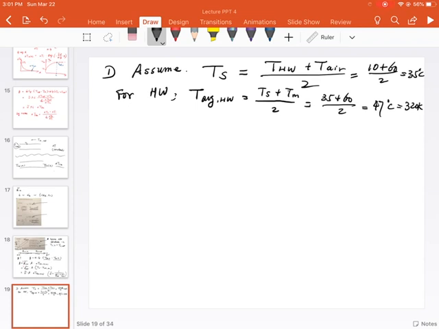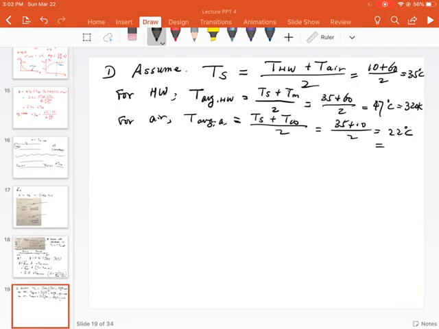And for air, the average temperature of the air is equal to Ts plus T infinity over 2, that is 37 plus 10 divided by 2, that is 22C. That is about 295K. All right. So now we need to look for the properties of the hot water and the properties of the air.